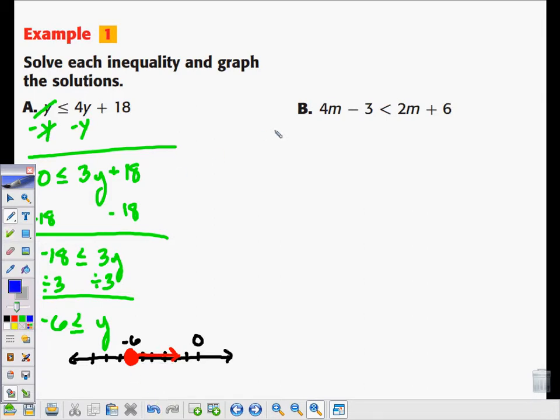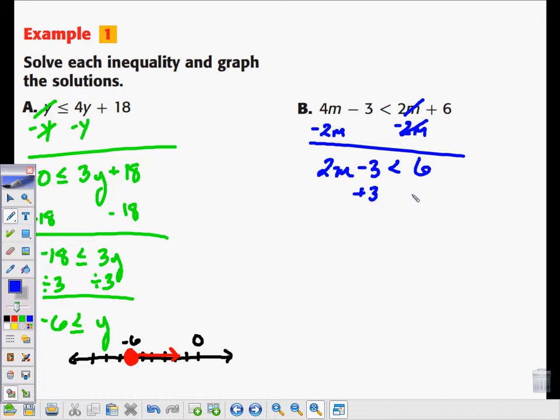All right, let's practice that same thing again over here. Again, I have an m as my variable on both sides of the inequality, so I'm going to get rid of it on one side. Let's take away the 2m this time. So I'm taking away 2m. They cancel on the right-hand side, and on the left, 4m minus 2m is 2m. Take away 3 is less than 6 is what I have left on the right.